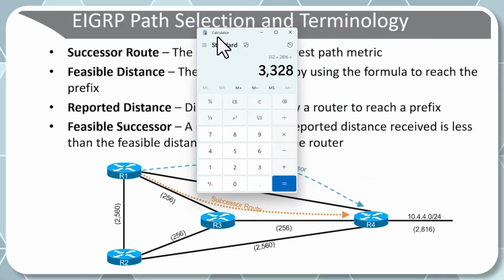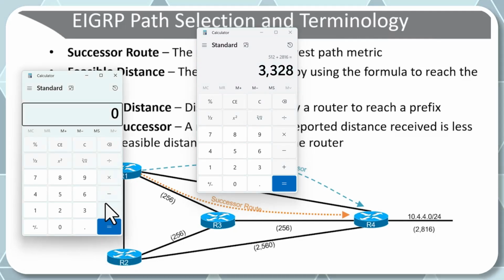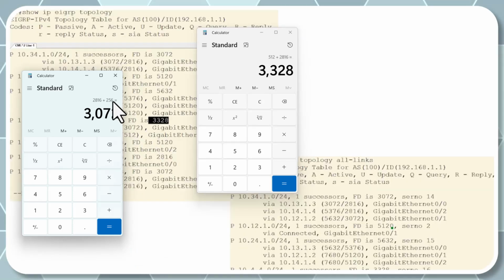So what is the meaning of reported distance? When I reach here, what will happen? Again open the calculator and just add 2816 plus 256 is equal to 3072, as you can see here.